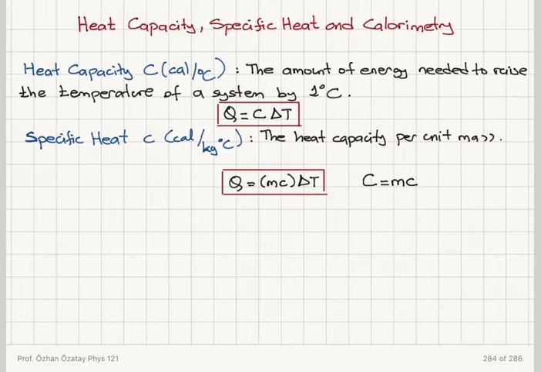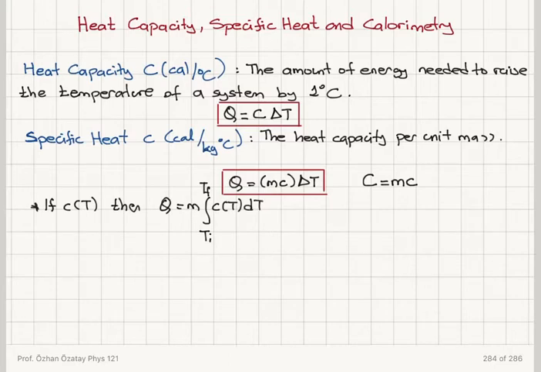So if you need to take into account the temperature dependence of specific heat, if it has a significant temperature dependence, then the energy that we have to provide to raise the temperature by amount delta T will be found from an integral from T initial to T final of c of T dT.